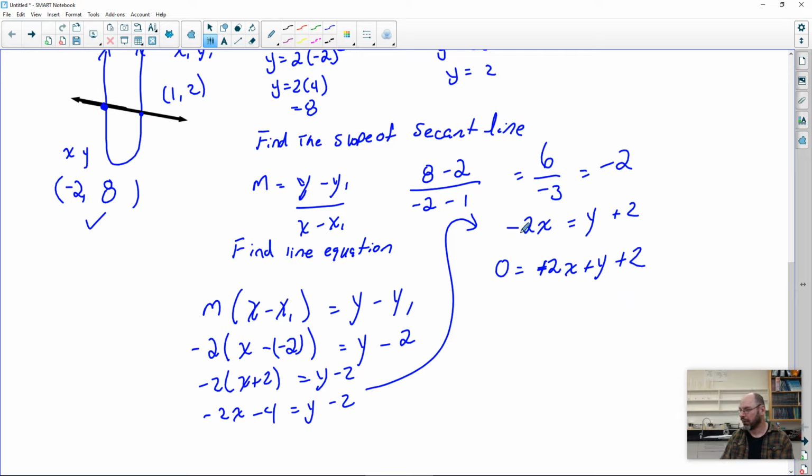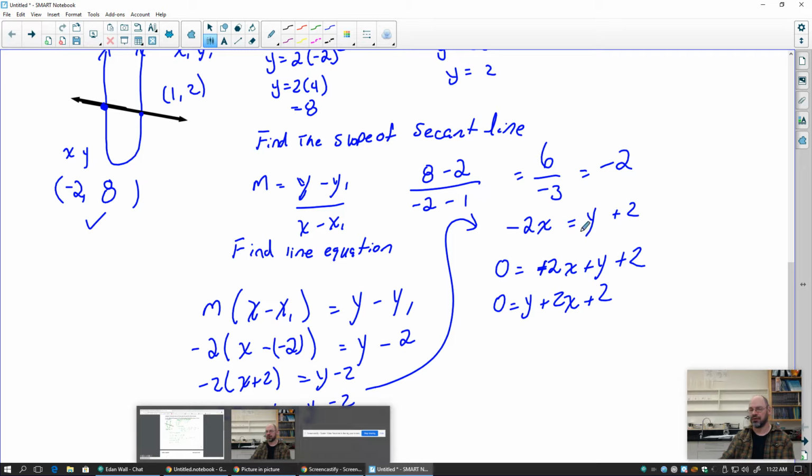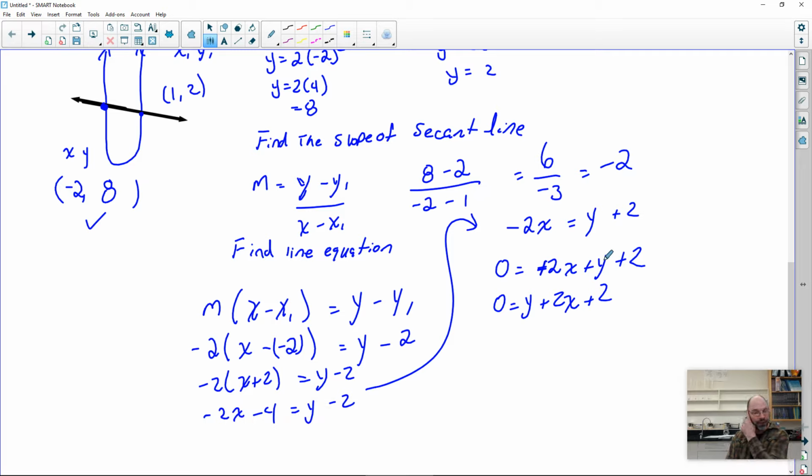But usually they'll put it in this form, with the y first: 0 equals y plus 2x plus 4. That's called standard form, where it's all equal to 0. So that's the first example we did, and that's doing secant lines. It's fairly simple.